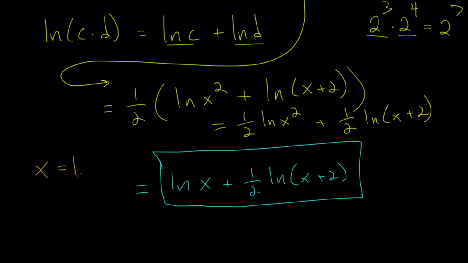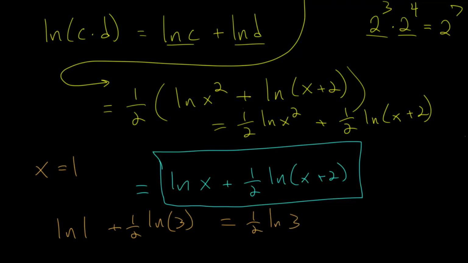Let's just set x equal to 1, since that is in the domain here. We can actually evaluate that. We would have the natural log of 1, so e raised to what power gives us 1, and that would just be 0, plus 1/2 the natural log of 1 plus 2, or 3 in this case. And again, this would be 0, so we just get 1/2 the natural log of 3.